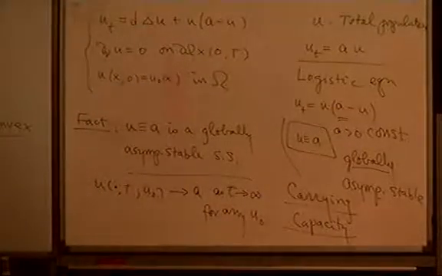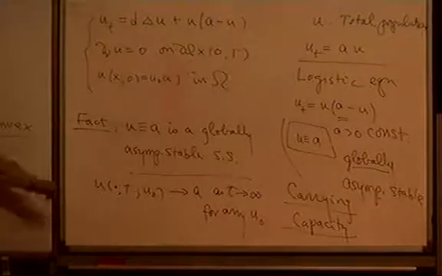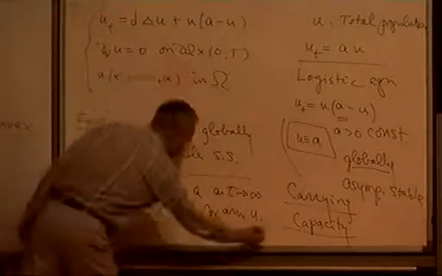Any means non-zero, non-negative. So this means it's globally asymptotically stable.